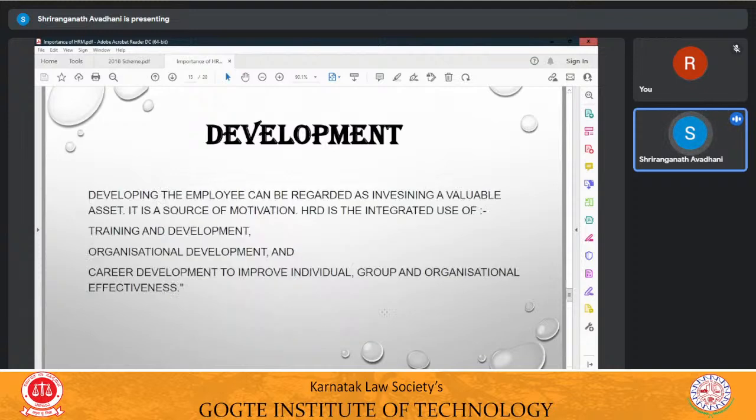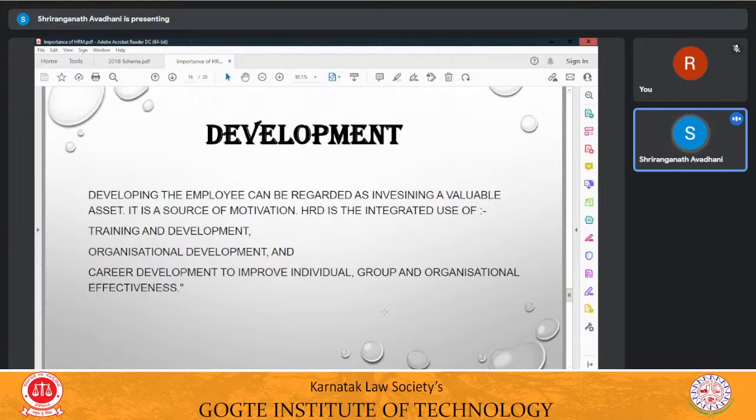Developing the employee can be regarded as a valuable asset. So here, one thing you remember: in the HR department, or HR management, we consider that the employees who are working in the organization are the asset of the organization, not the liabilities. Before this, we used to call it the personnel department in organizations.